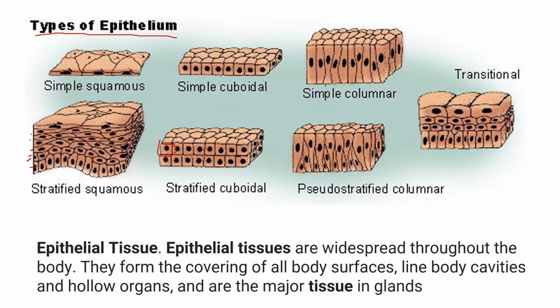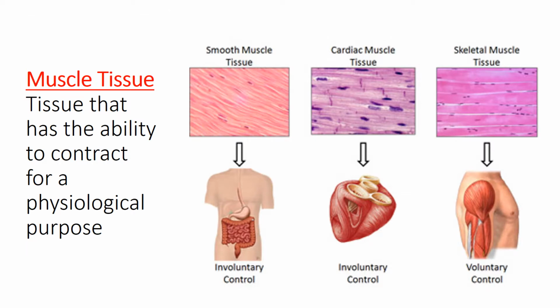Epithelial tissues are widespread throughout the body. They form the covering of all body surfaces, line body cavities and hollow organs, and are major tissues in glands.